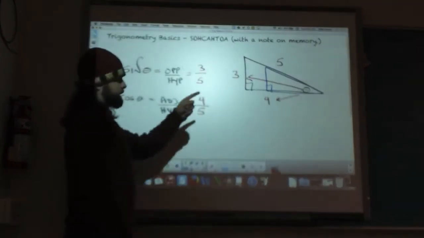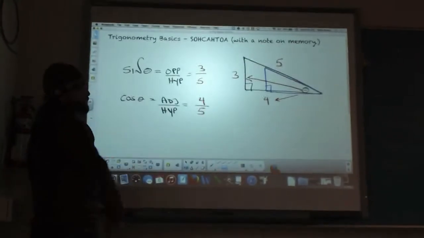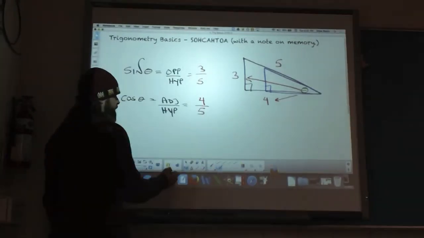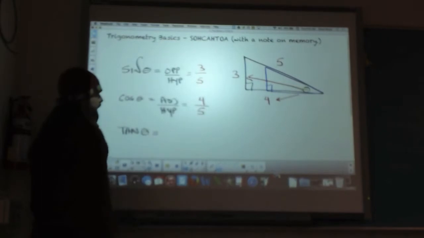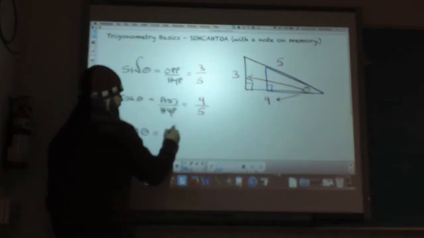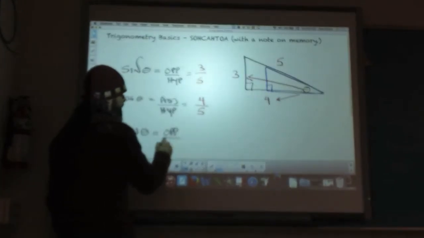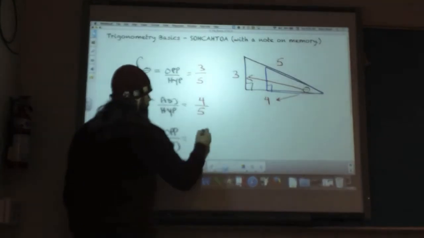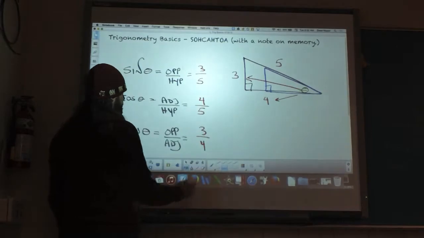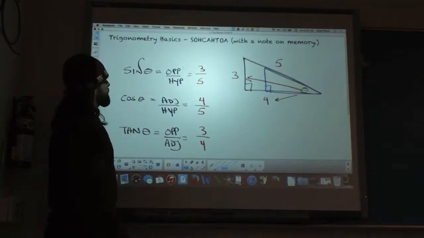So the cosine of that angle is 4/5. And there's tangent. The tangent of an angle is the opposite side over the adjacent side. So opposite side is 3, adjacent side is 4, the tangent of that angle is 3/4.